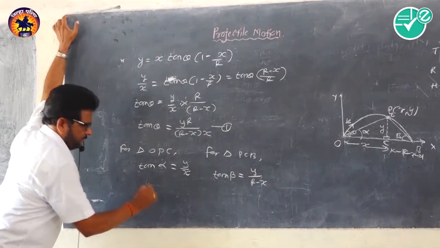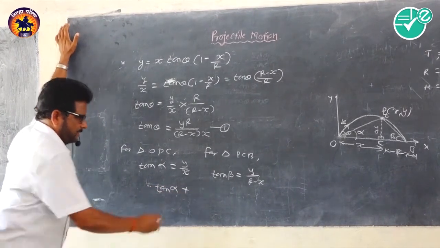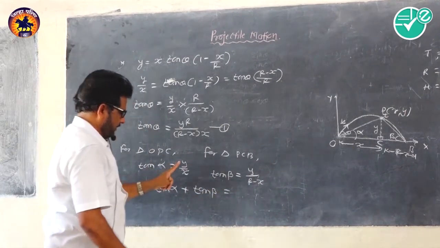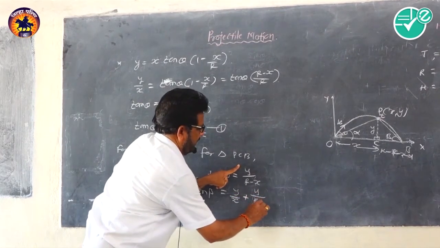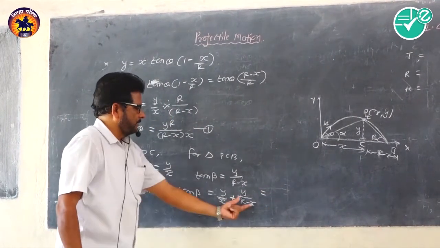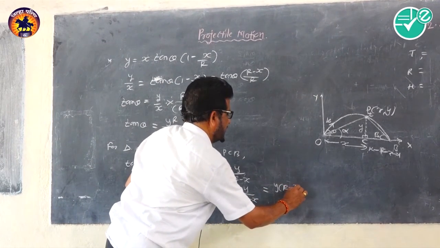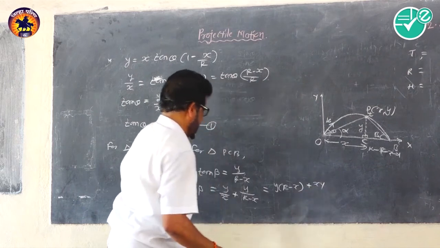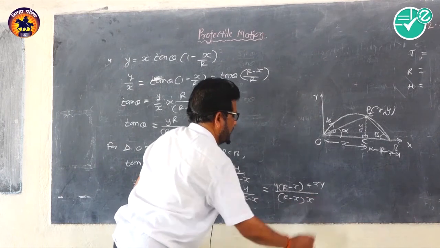Therefore, if we add these two, tan alpha plus tan beta equals y by x plus y by R minus x, or it is equal to y into R minus x plus x y divided by R minus x into x.